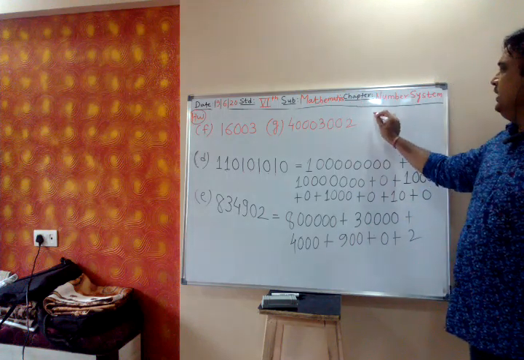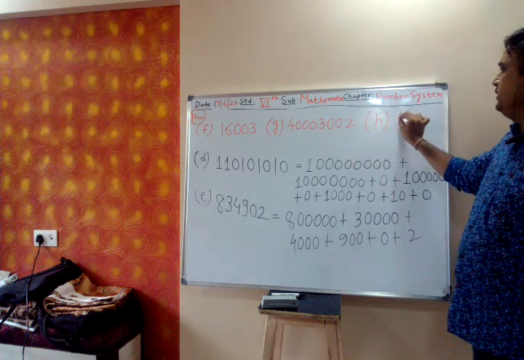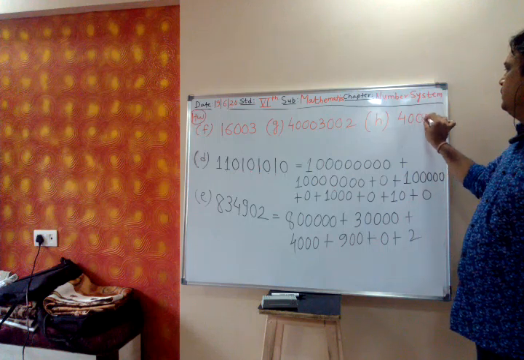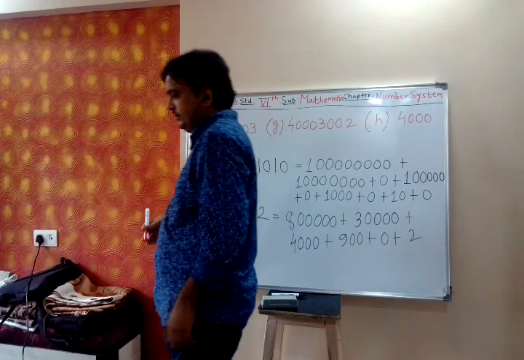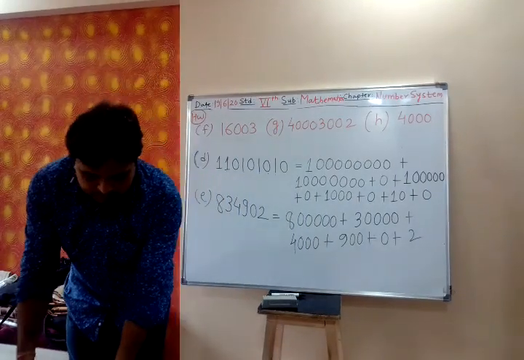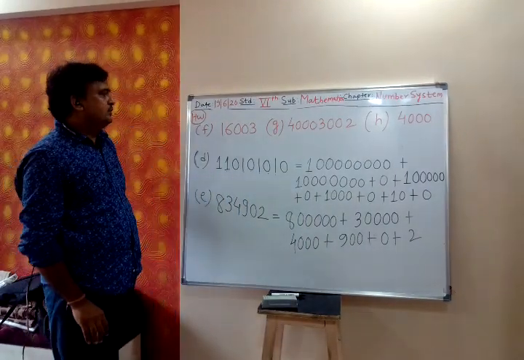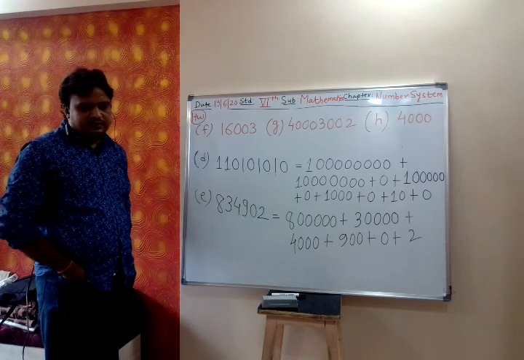And last is H. H is 4000, 3 zeros. Write the expanded form of this. So F, G, H are their homework.